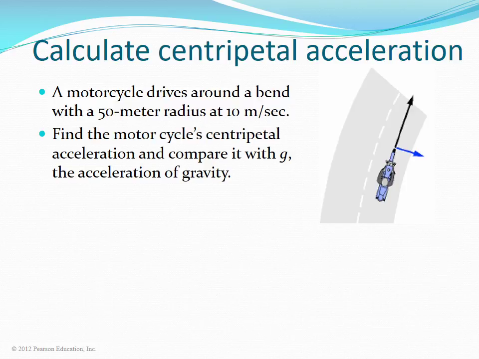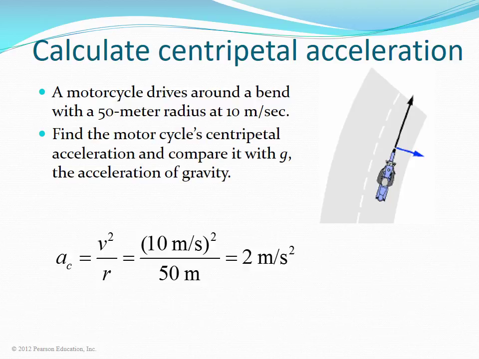You are given the linear speed and radius of the motion. The centripetal acceleration is v squared divided by r. Substituting our known quantities, we get a centripetal acceleration of 2 meters per second squared. The centripetal acceleration is about 20% or 1/5 that of gravity.